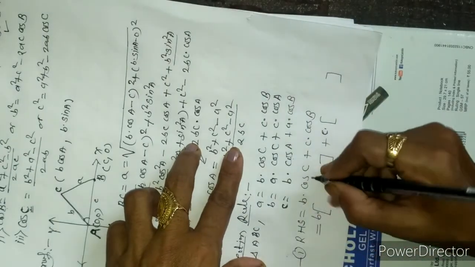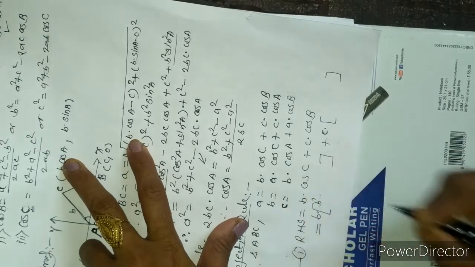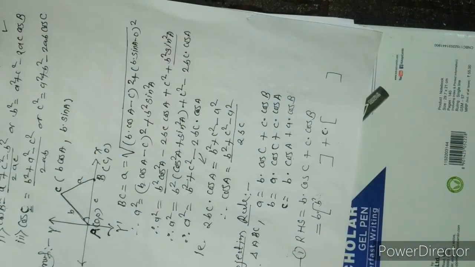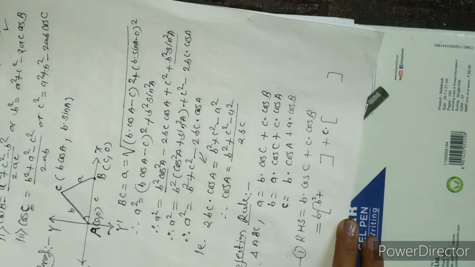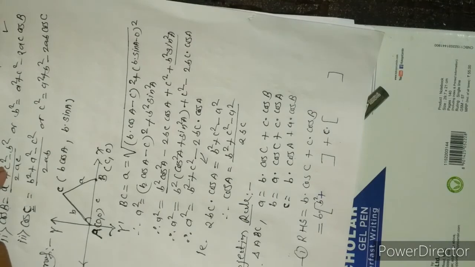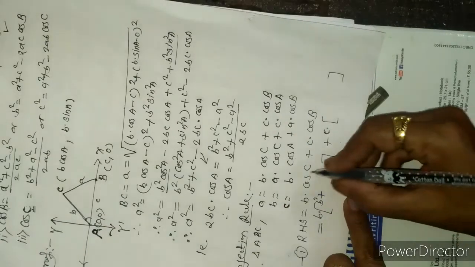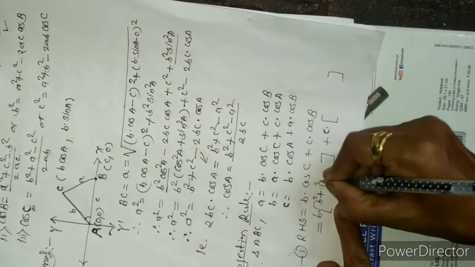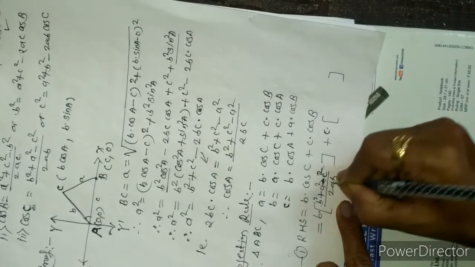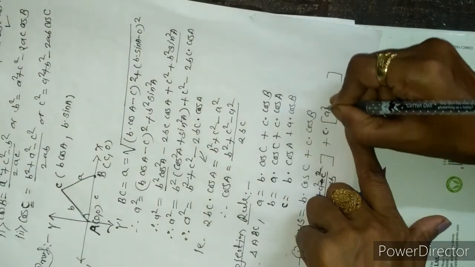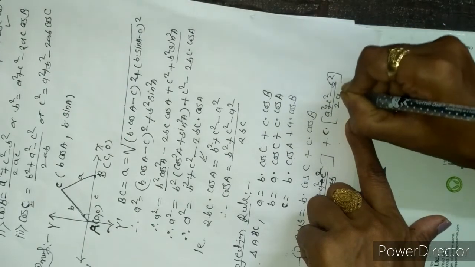So what is the value of cos C? As we already have the result, cos C is equal to B square plus A square minus C square upon 2AB, and cos B is equal to A square plus C square minus B square upon 2AC.